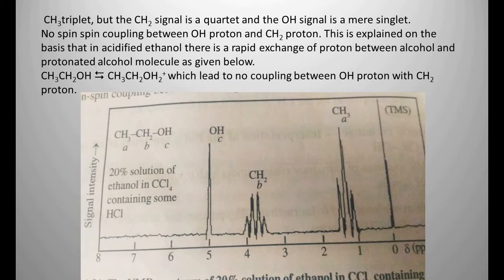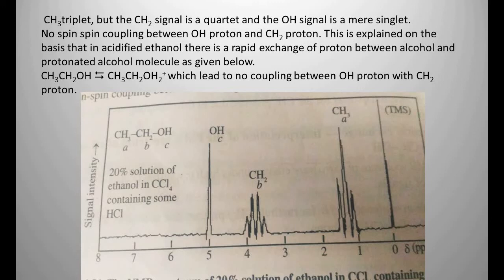Therefore, the CH2 signal, which was initially an octet, now appears as a quartet because there is no spin coupling between the OH proton and the CH2 proton. It has coupling from CH3 only.